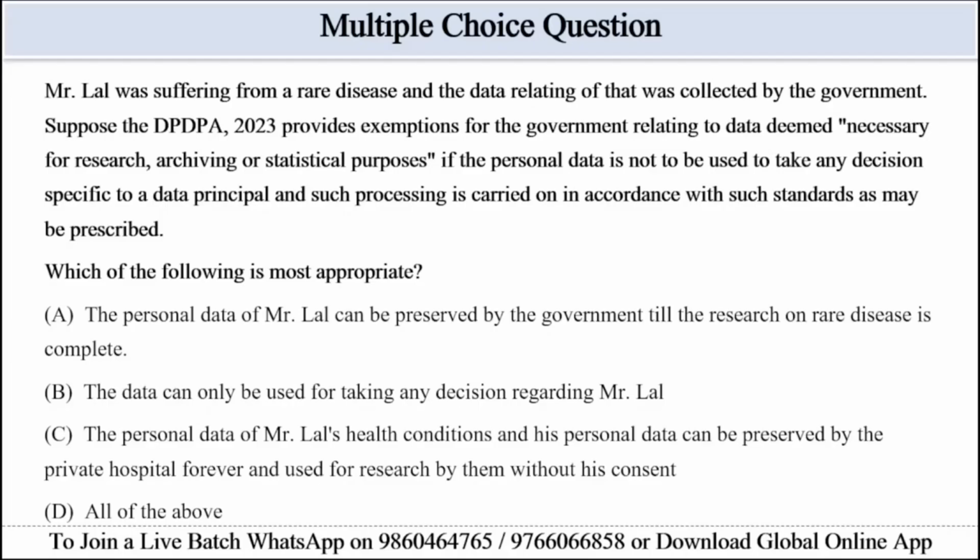In case of the next option, option C, the personal data of Mr. Lal's health condition can be preserved by the private hospital forever and used for research by them without his consent. So the scenario describes an exemption for the government, not for a private hospital, and does not authorize forever retention and research without any safeguards or consent in the private setting.